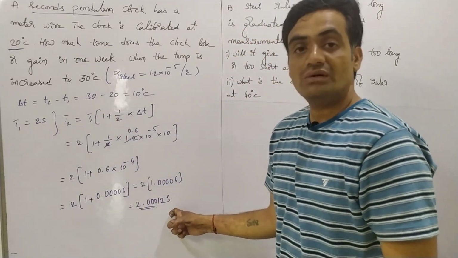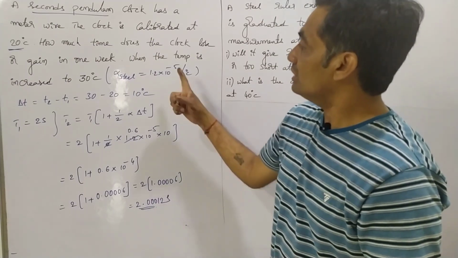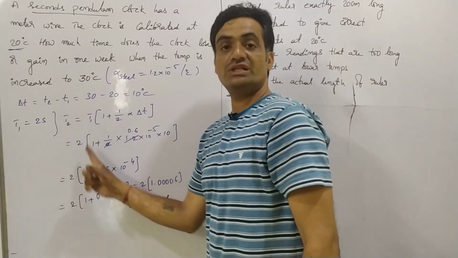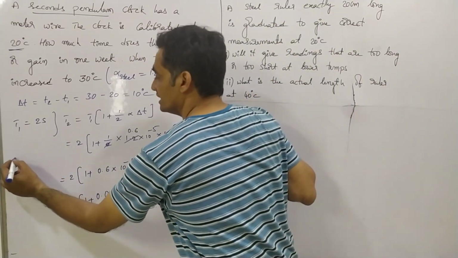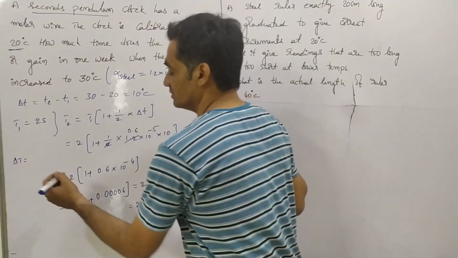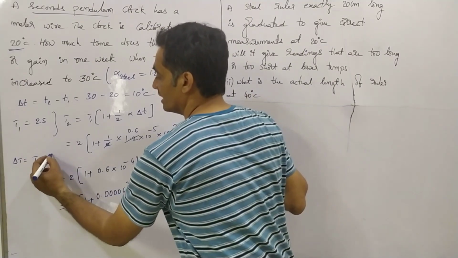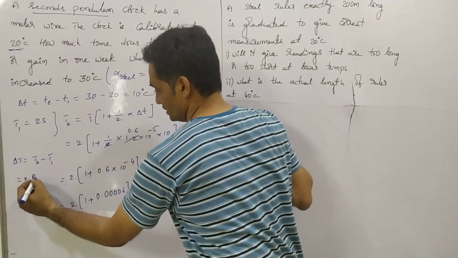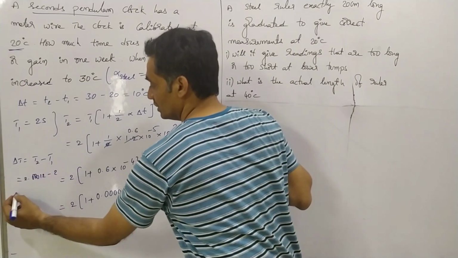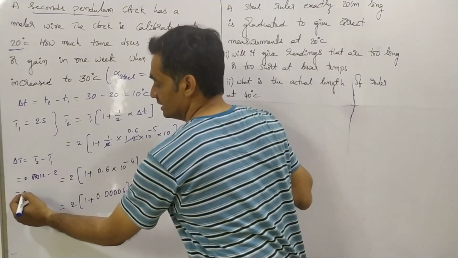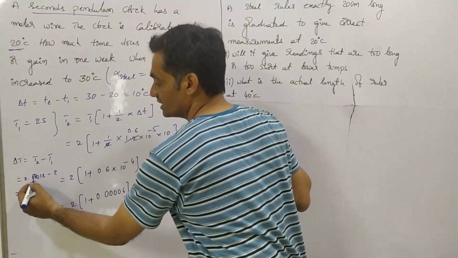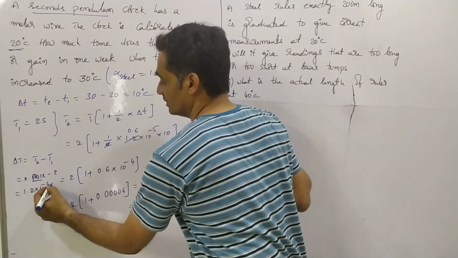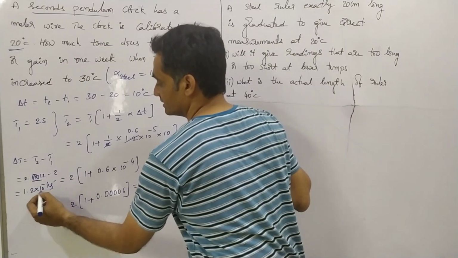Now we have to represent the time lost in 1 week. For that, we have to represent the change in time period. Observe that the change in the time period delta t is equal to t2 minus t1, which is nothing but 2.00012 minus 2, or here we can represent it as 1.2 into 10 to the power of minus 4 seconds.